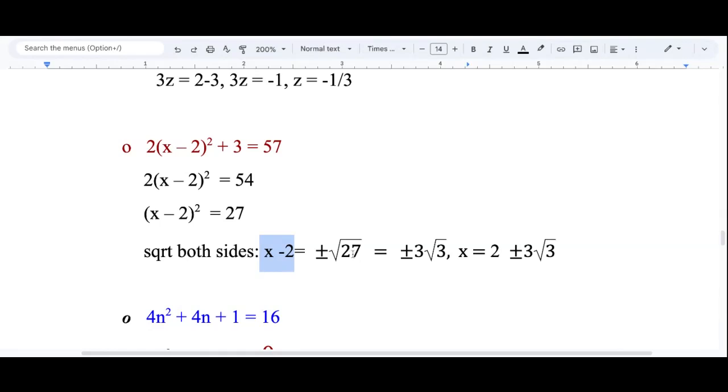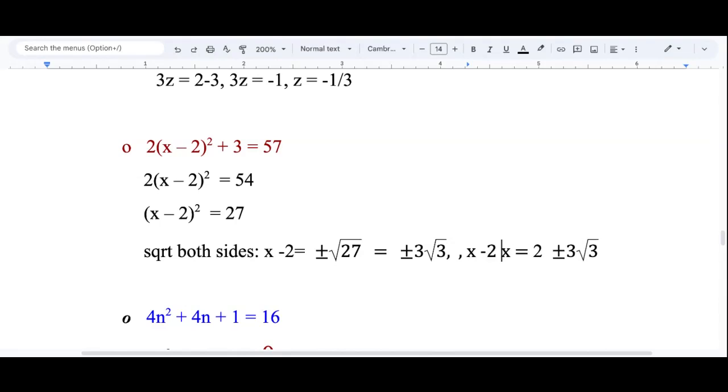Well, square root of 27 can be simplified as 27 is 9 times 3. So square root of 9 is 3. So that's plus minus 3 radical 3. Then we move this negative 2 to the other side. I should write one more step.